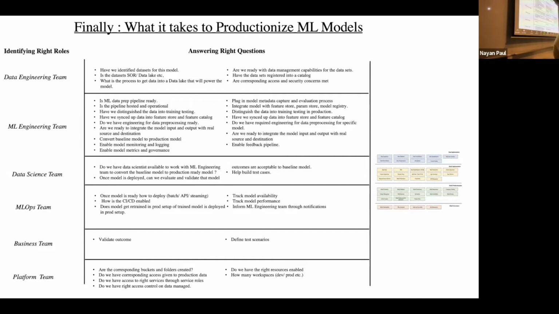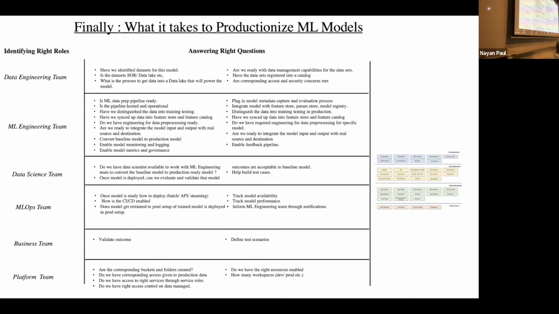Have you created your ML pipelines? Have you integrated those pipelines so that I know the frequency of my data refresh? Now I know how frequently my model has to be refreshed. Have you enabled model governance? Have you enabled model metrics and metadata capture? Right? So these are the questions you ask and say, show me that we are ready to be productionized.